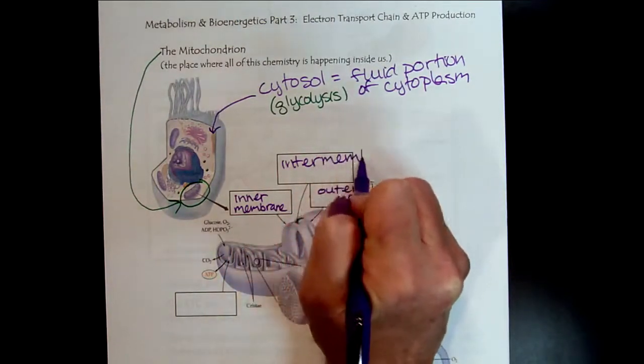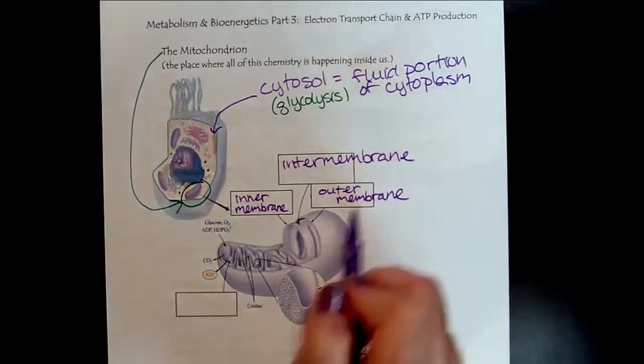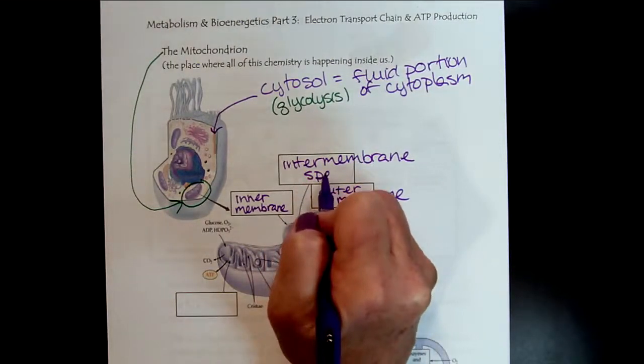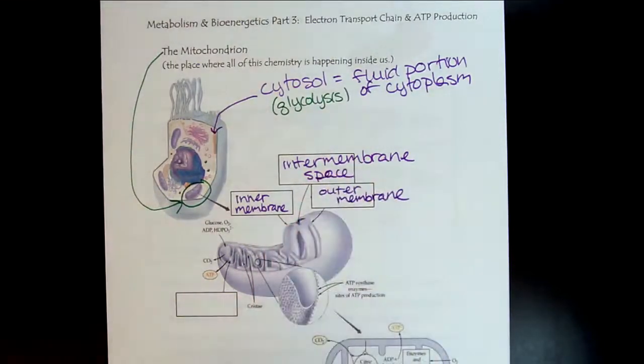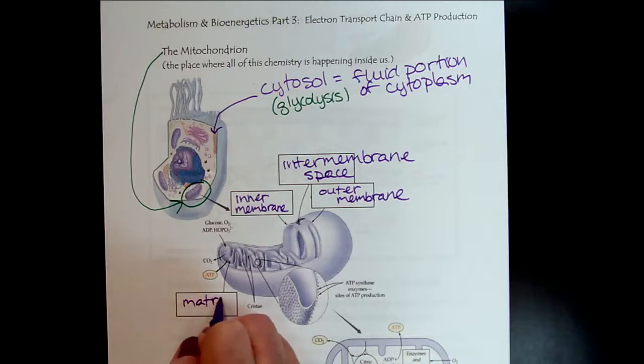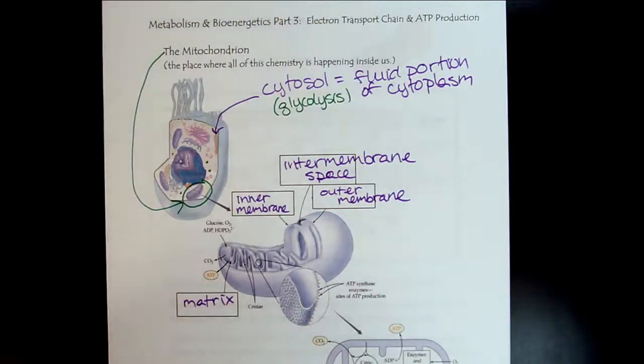When we start to talk about the electron transport chain, we will be talking in particular about this intermembrane space. That's why we're taking the time to make sure that you understand where these are in the mitochondria. And then the very center of the mitochondria, that is the matrix. We will also be talking about that a little bit.